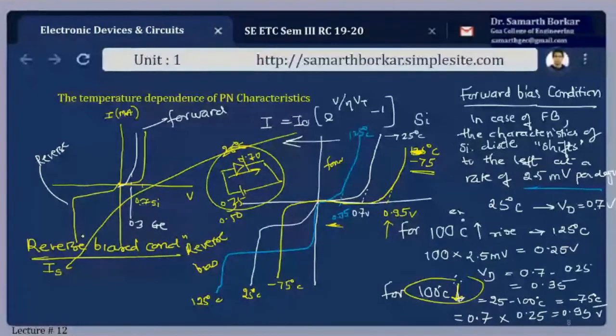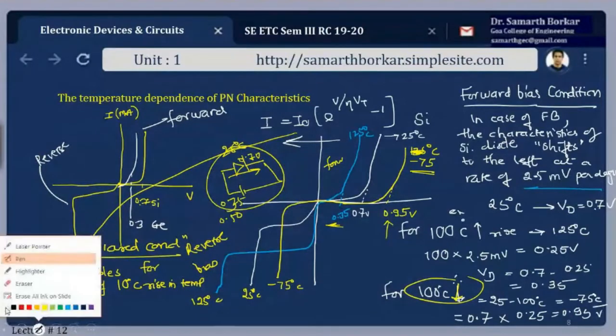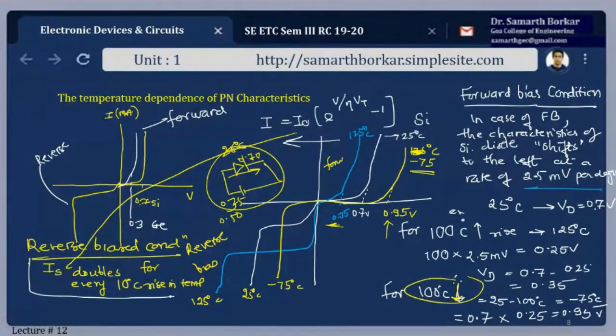This IS doubles for every 10 degree Celsius rise in temperature. This is the all important definition here. The IS doubles for every 10 degree Celsius rise in temperature.